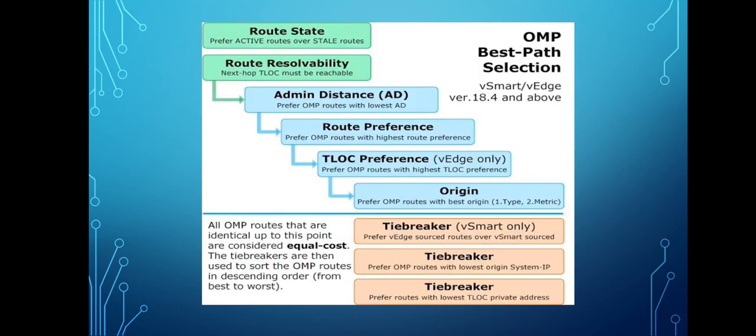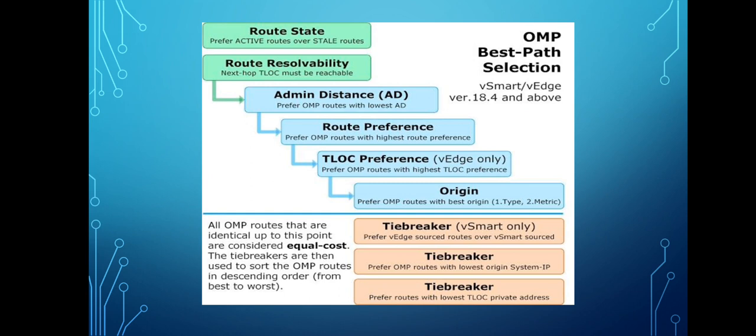So we've got the OMP best path selection. The first one is route state. The second one, route resolvability. Then we've got AD. We've got route preference. We've got T-Loc preference. We've got origin. Route state, of course, you'll be preferring active routes over stale.